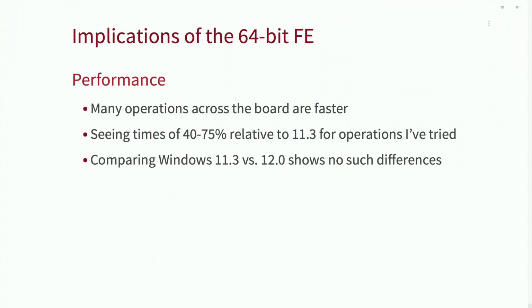So as much as I'd like to say it was because we did brilliant optimizations across the board in version 12, it turns out that for whatever reason, and I could speculate, I don't know 100% for certain, it may have to do with the implementation of the operating system GUI calls in Mac OS, or there may be some virtualization effect going on when you're thunking from 32 to 64-bit or something. I don't know, but in any case, it's faster, and it's noticeably faster.